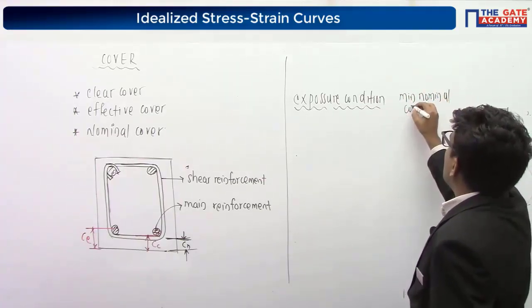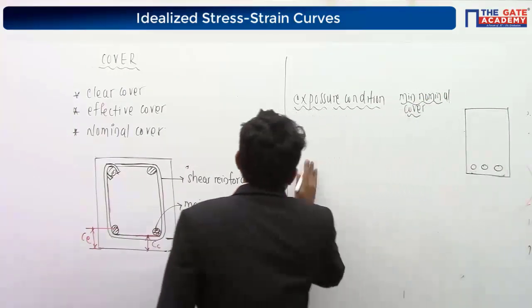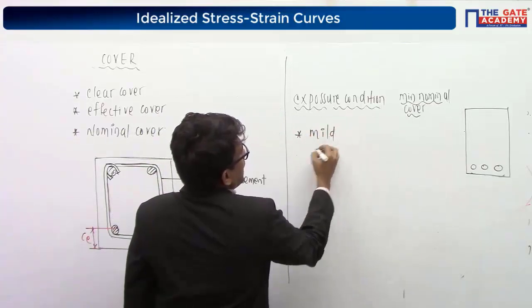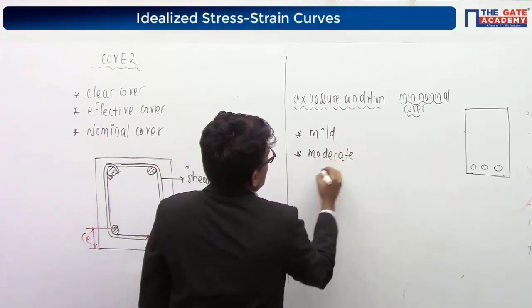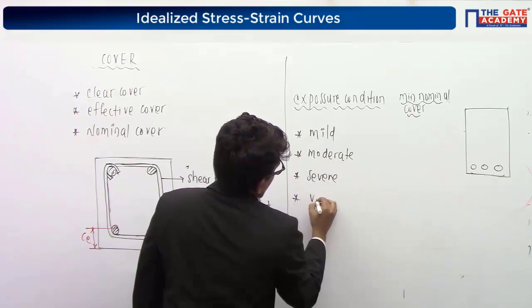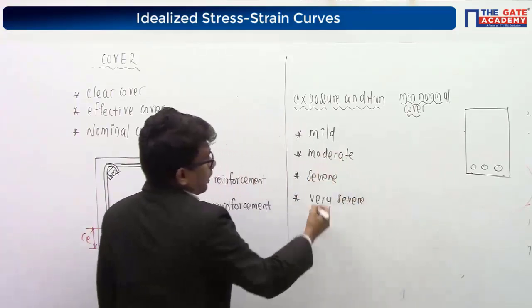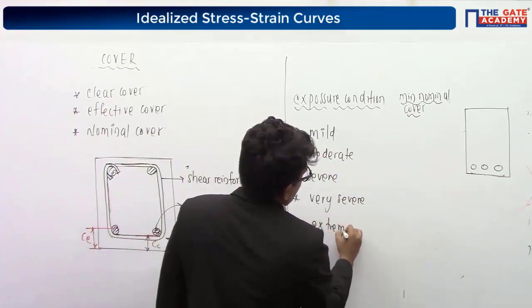We know the exposure conditions, right? First exposure condition is mild, second is moderate, then severe, very severe, and extreme exposure condition.